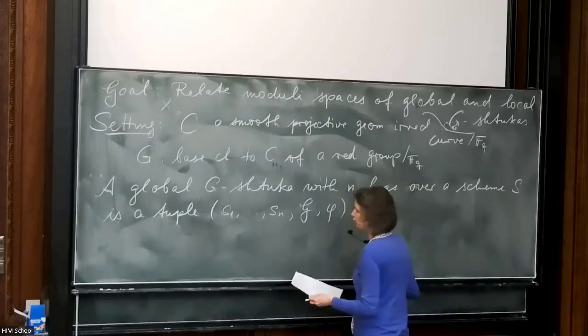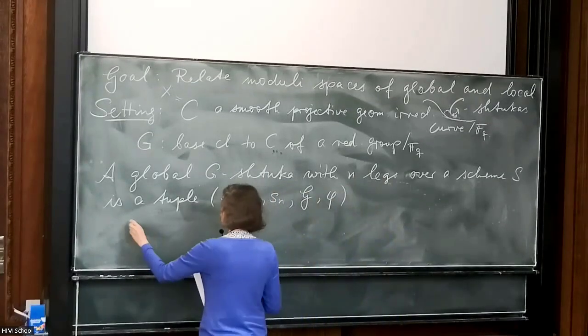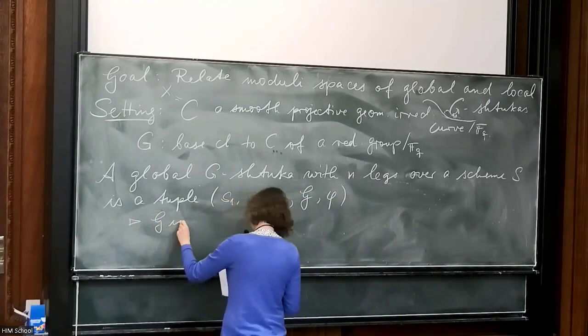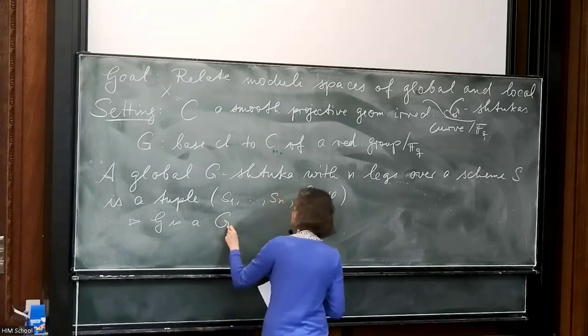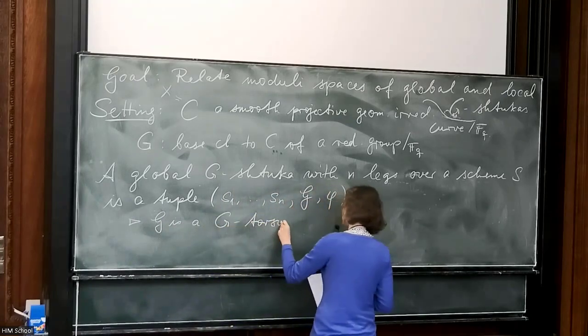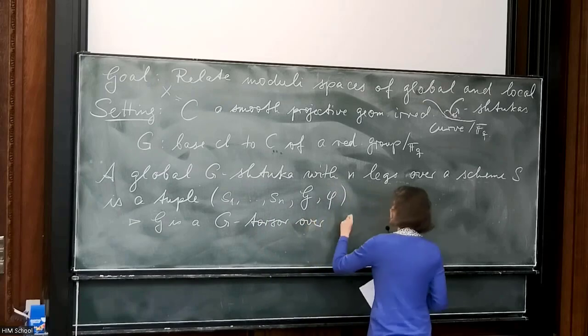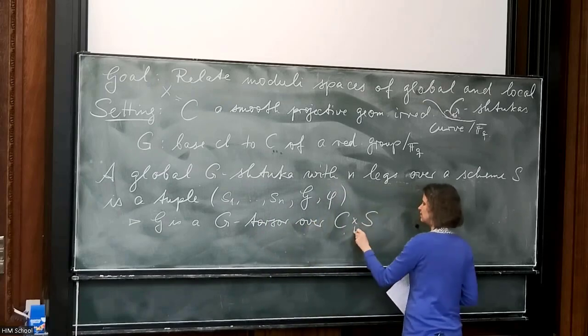Here, this curly G is a G-torsor over C cross S.